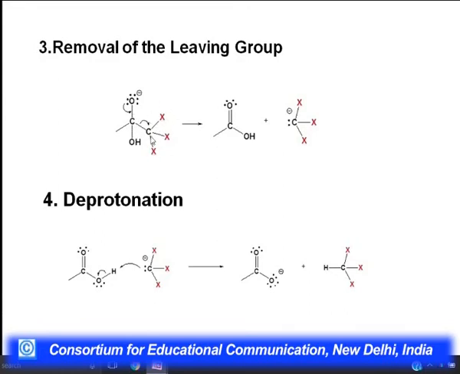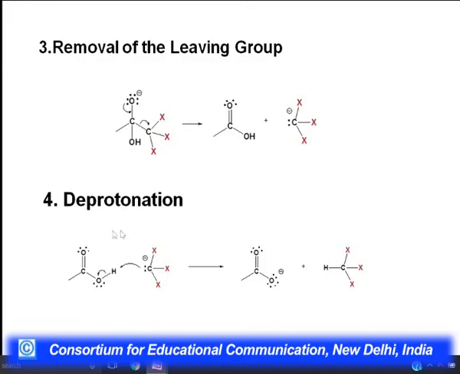So between the trihalo group, formyl group, and the OH group, this trihaloformyl group is a better leaving group, and when this OH makes a bond, a nucleophilic attack on this carbon, this is given out, resulting in the formation of a trihalocarbanion and a carboxylic acid.